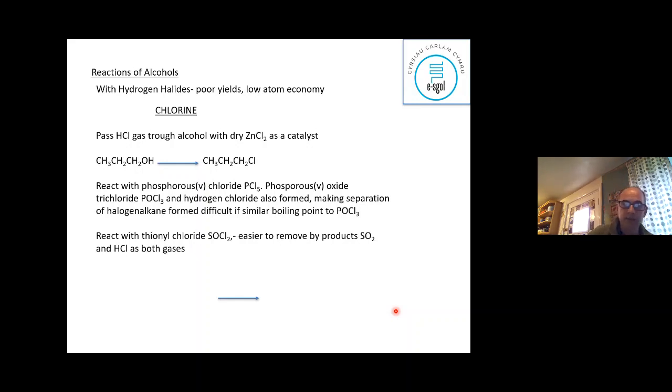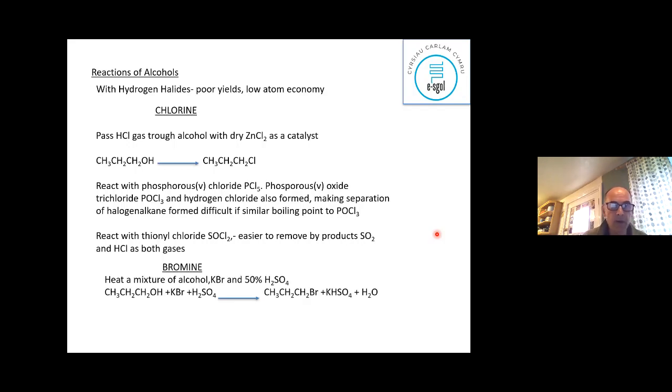The method that is favorable is using SOCl2, thionyl chloride. The products, sulfur dioxide and HCl, are both gases and are released, therefore leaving the halogenoalkane formed.